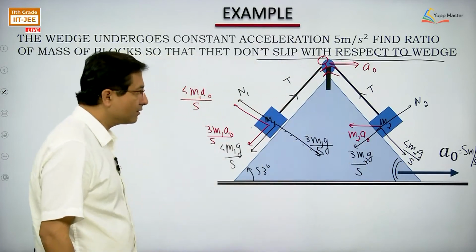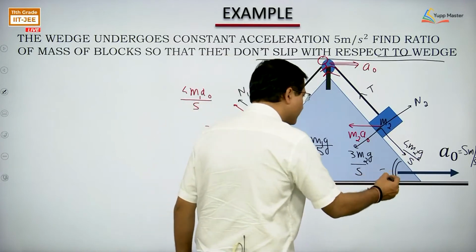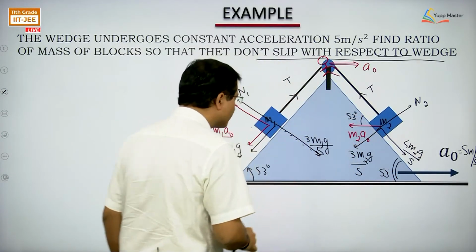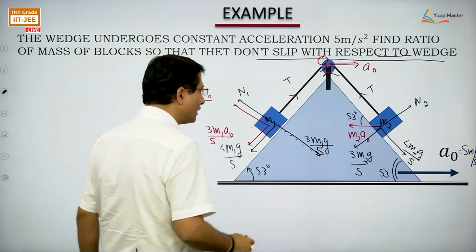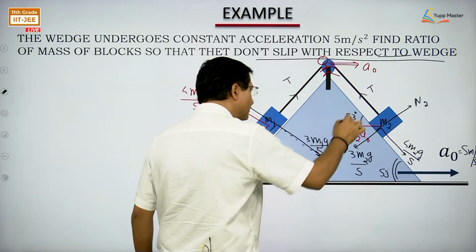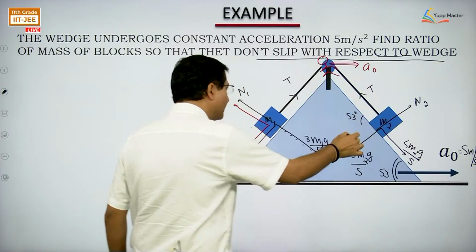And now let us resolve M2 A naught. If this angle is 53, this angle will be 53. So it will have two components, M2 A naught cos 53 and M2 A naught sin 53.